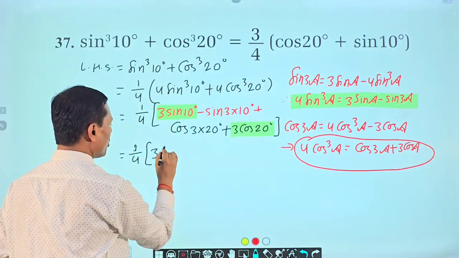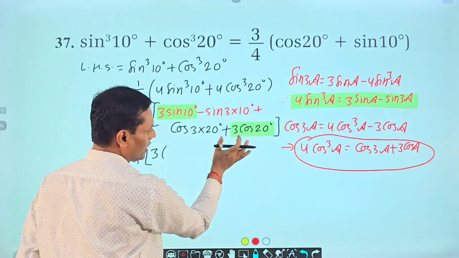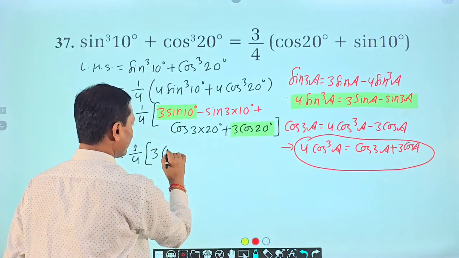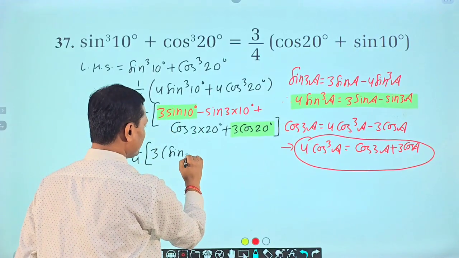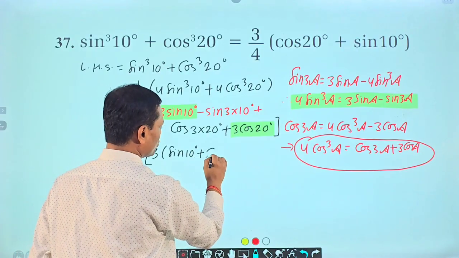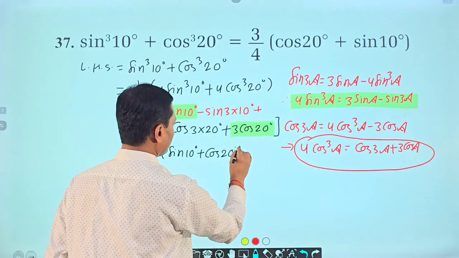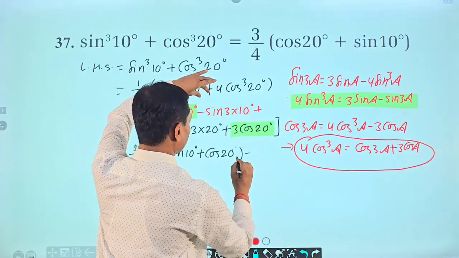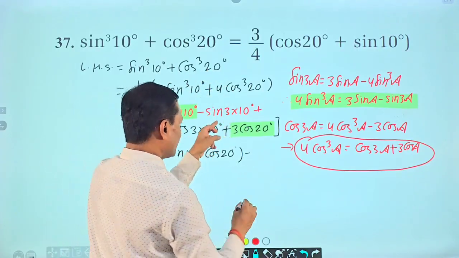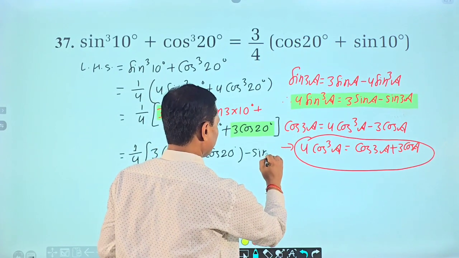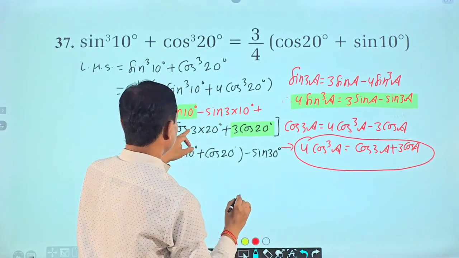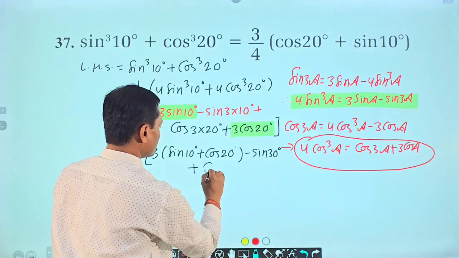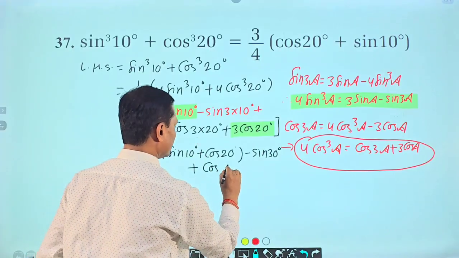So when we take 3 common, between 3 sine 10 degree and 3 cos 20 degree, we will have sine 10 degree plus cos 20 degree. Next, minus sine 3 into 10, so we can write sine 30 degree, plus cos 3 into 20, cos 60 degree.